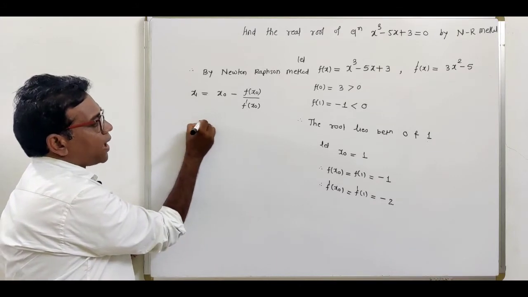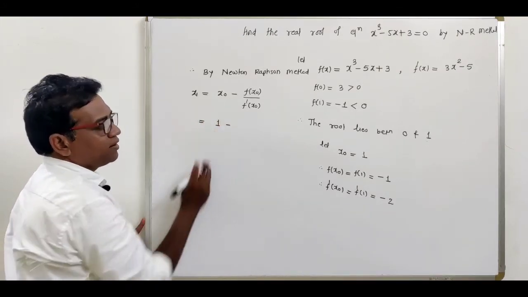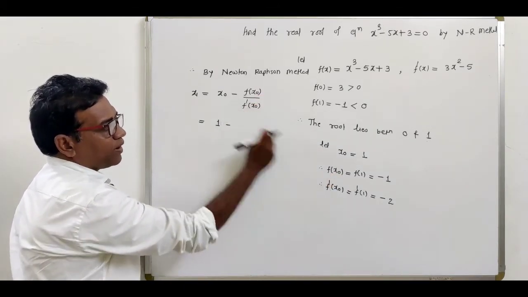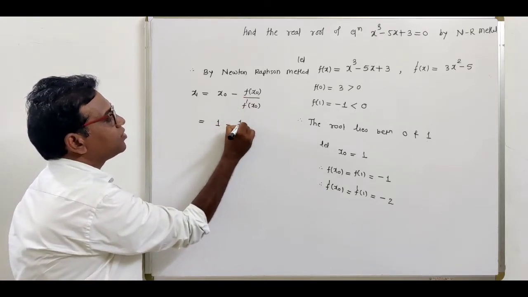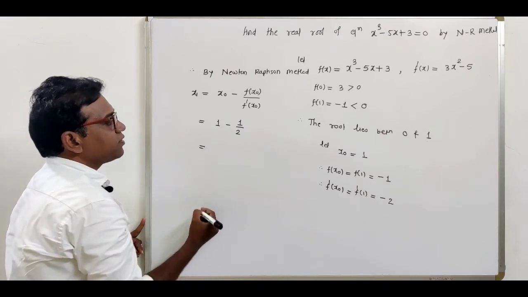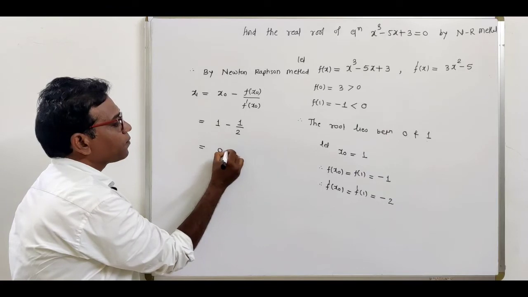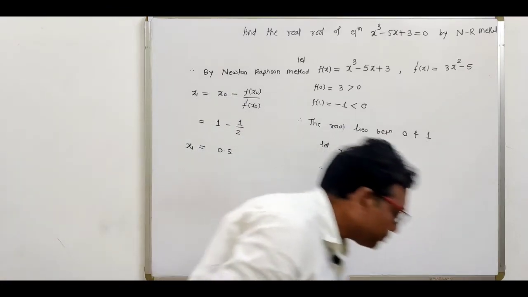Put the value of x0, that is 1, minus f of x0, that is minus 1, divided by f dash x0, that is minus 2. So minus minus get cancelled. This is 1/2, so 1 minus 1/2 is 0.5. So this is our first approximate root.